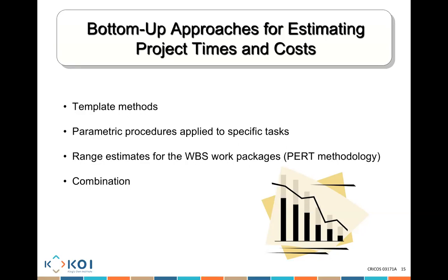Parametric procedures apply to specific tasks. It could be something like I need to create 20 user stories. Every user story requires 4 employees. So I know I need 80 employee days. And every employee, I'm paying them $100. So I need $8,000.